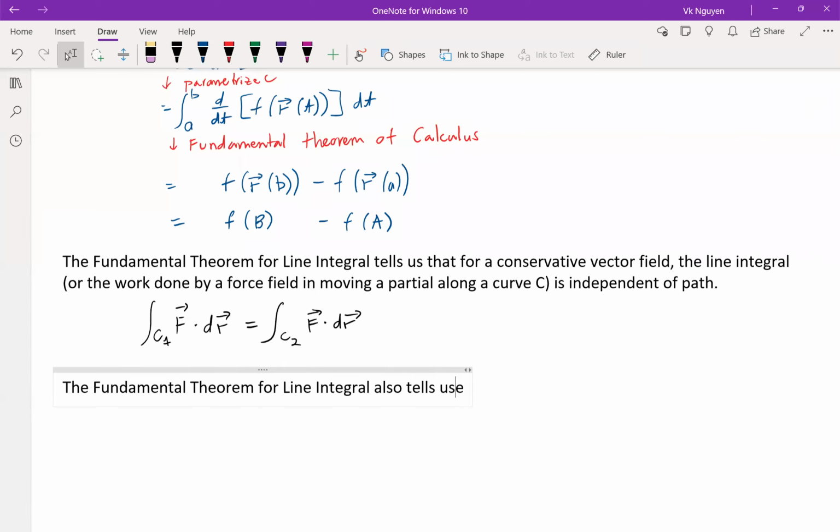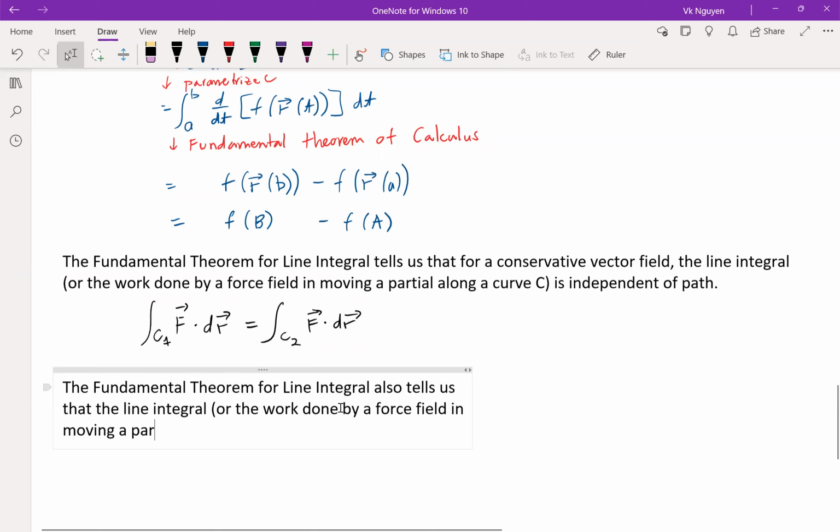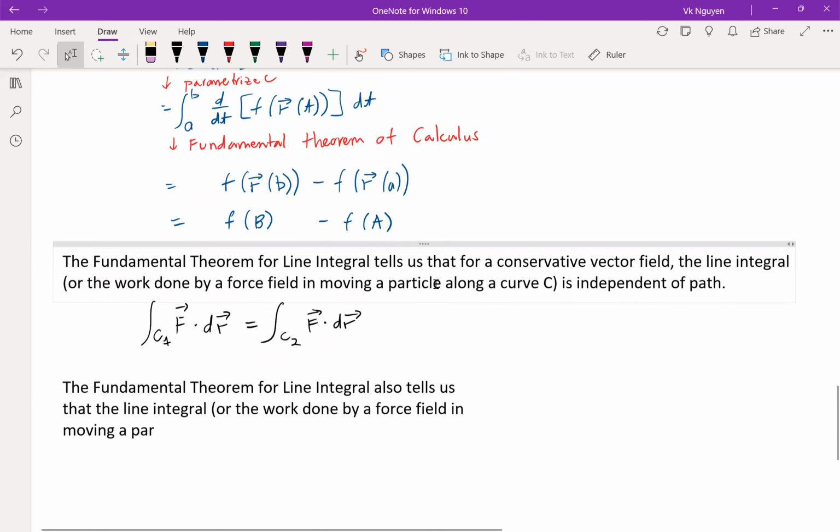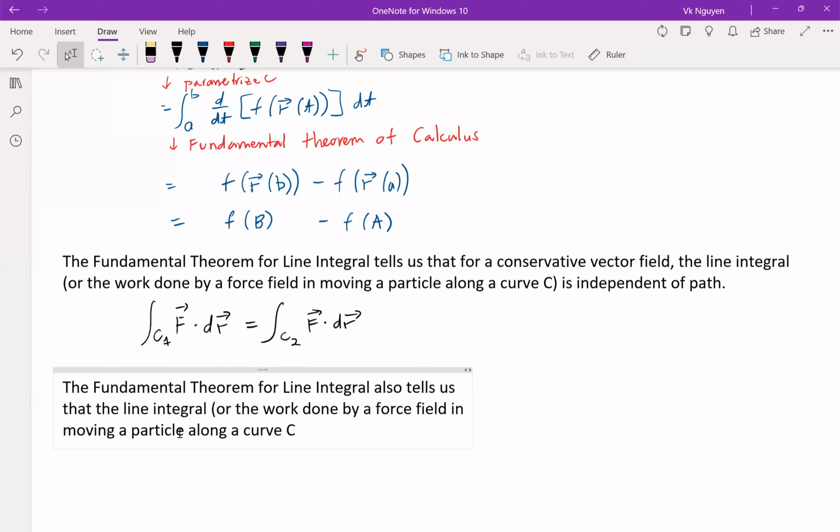The fundamental theorem for line integrals also tells us that the line integral, or the work done by a force field in moving a particle along a curve C, is 0 if that curve is closed.